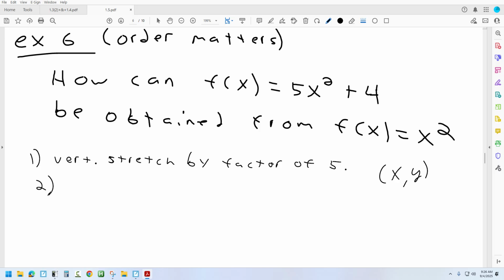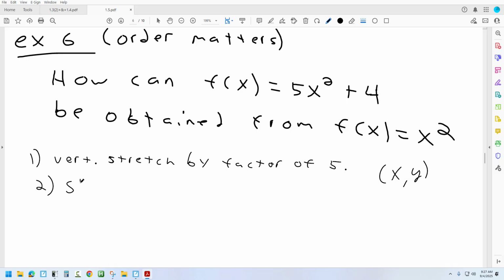Now the +4 is the last one. Okay, so I just mentioned adding and subtracting is always a shift, but you need to tell me what kind of shift, the direction, and how much. So what is the +4 going to do? Would it be a vertical shift up by 4?